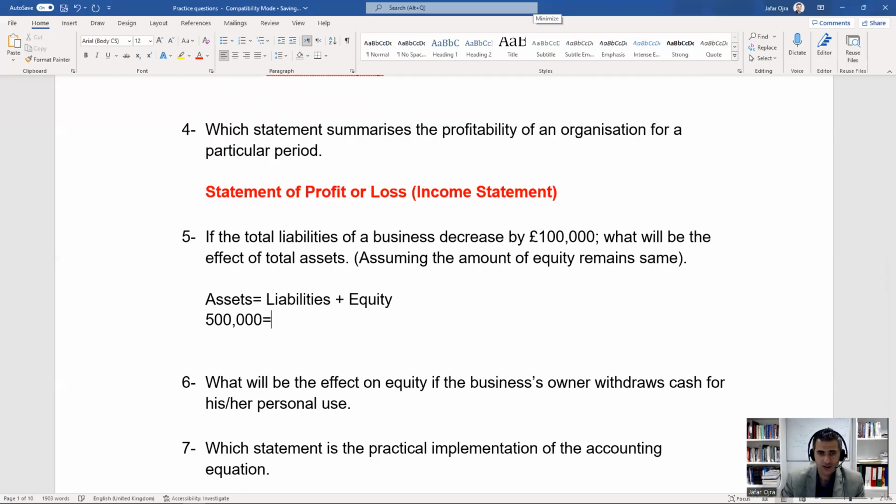Okay, equal liabilities, let's assume liabilities are £400,000, and equity is £100,000.